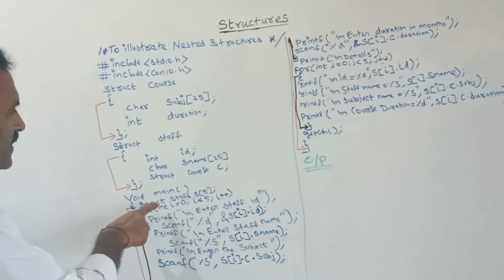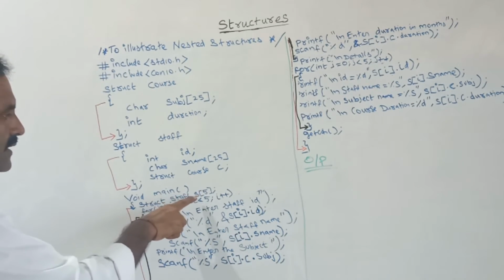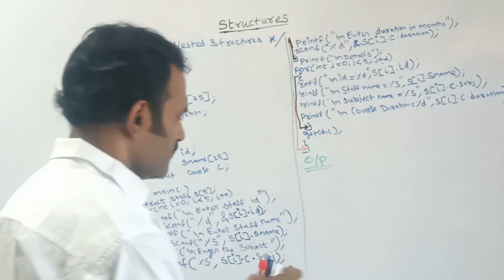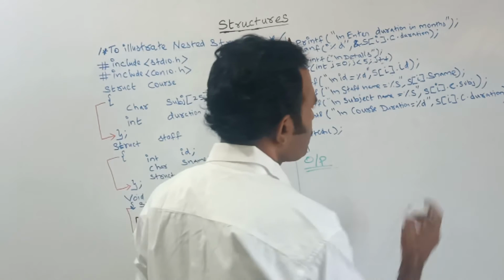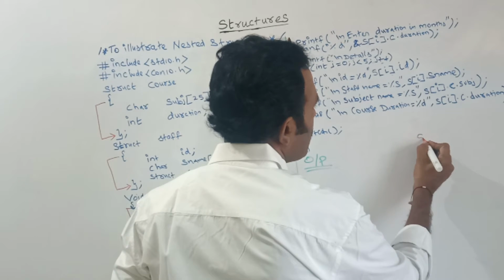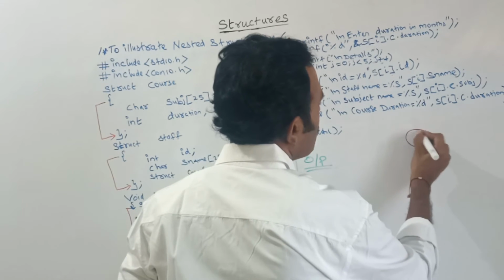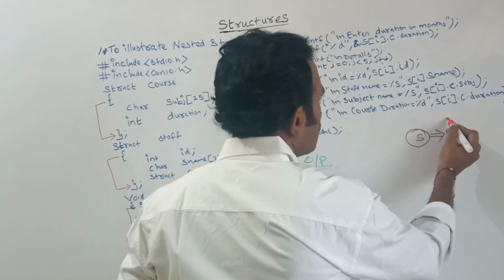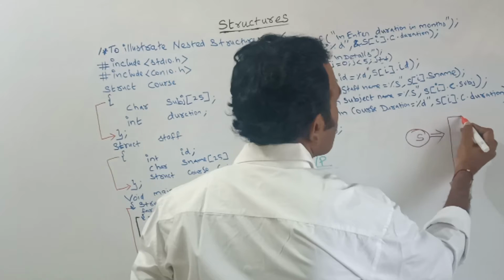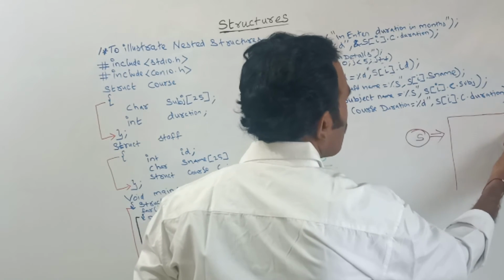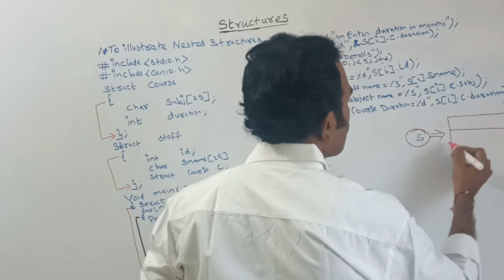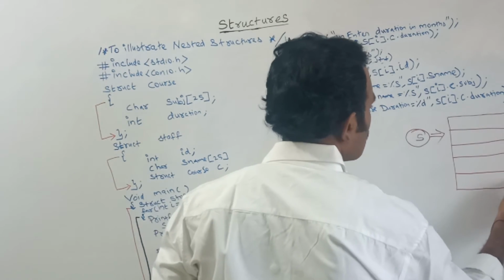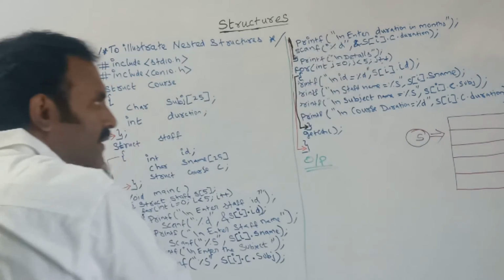See, for example, let us see one by one. In the output, at the very first the structure variable will be created for this staff. This is an array structure variable. So here S is the array variable, and for this array variable there are totally five records.